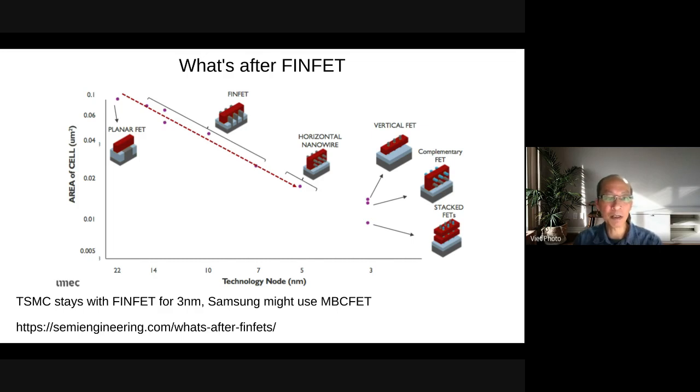That's 4 nanometer. At the end of this year, maybe it's 3 nanometer, and TSMC stays with the FinFET for 3 nanometer. But beyond that, I think it will be the gate-all-around FET, which we don't know much about yet.